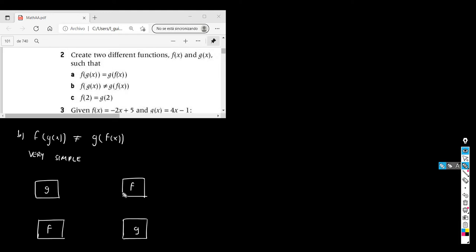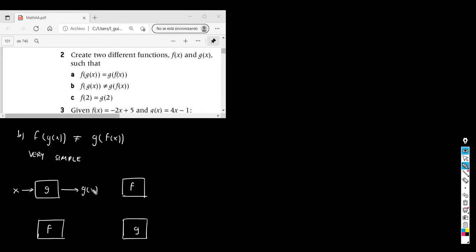So remember, when you have two functions, in this case I'm putting g and f in this order, and later f and g. What does this symbol mean? F of g of x. What that means is the following, guys. You give an input x to the function g, it does its processing, and it gives you its output, known as g of x.